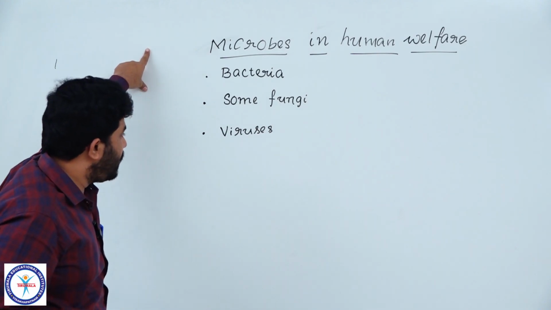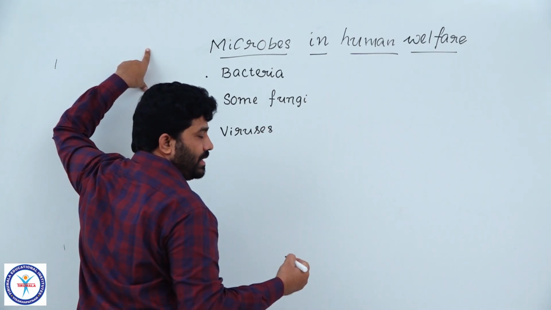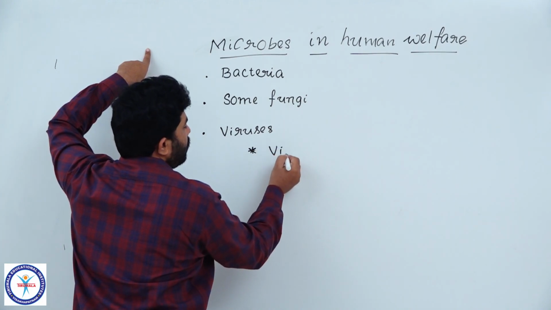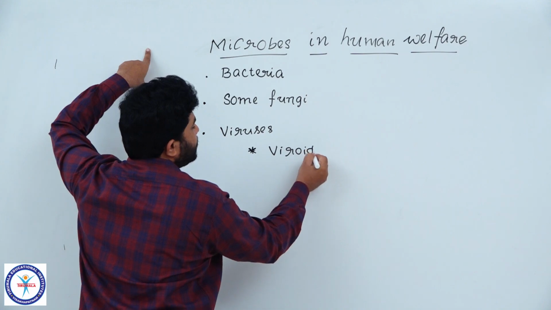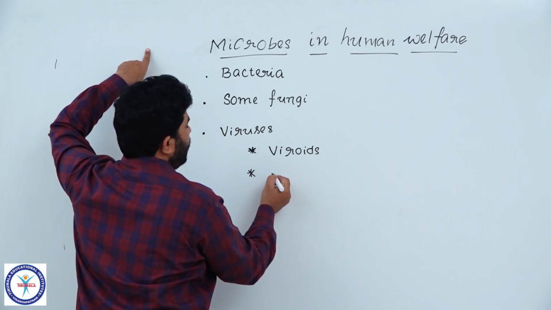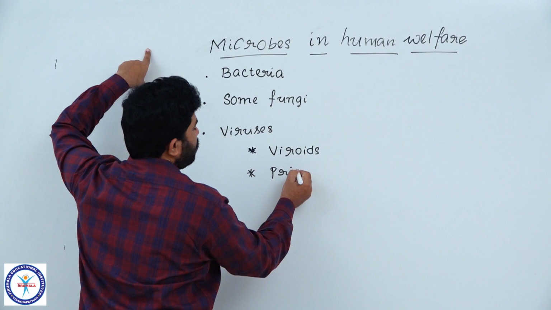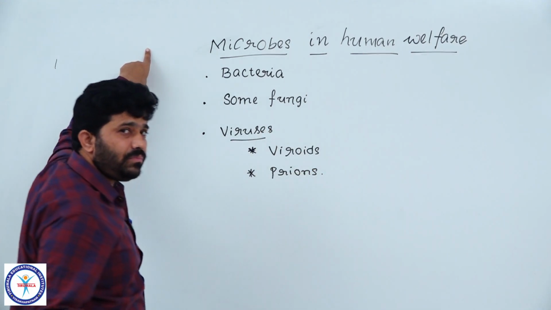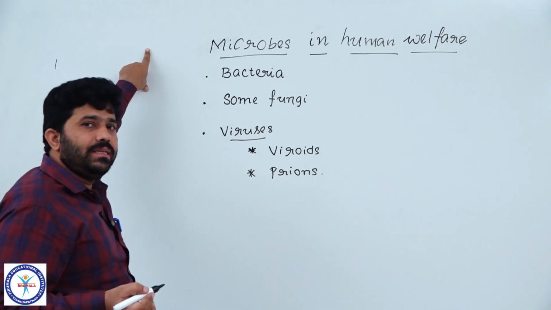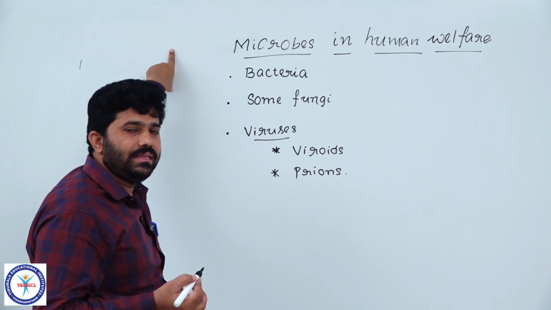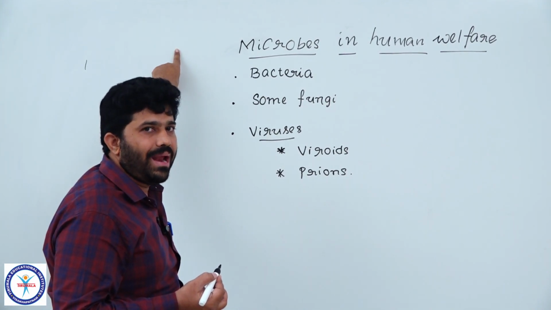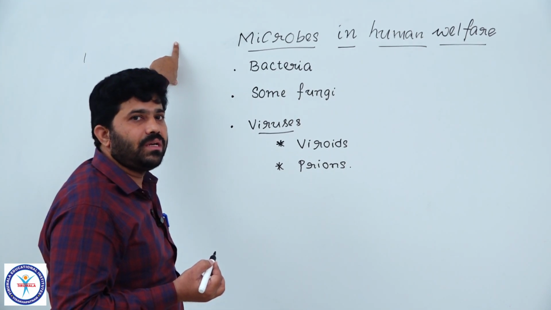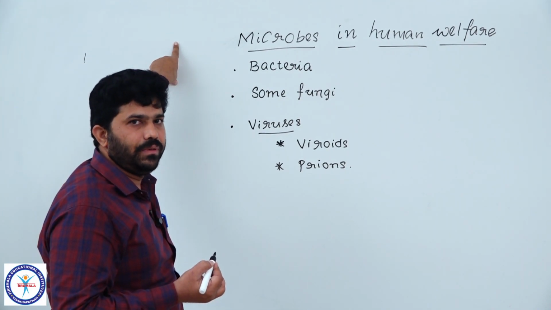Dear students, among the viruses we also observe other components like viroids and prions, which also come under the category of viruses. So, many small, tiny, invisible particles are present along with the macroscopic plants and animals, as major components in the biological systems on Earth's surface.